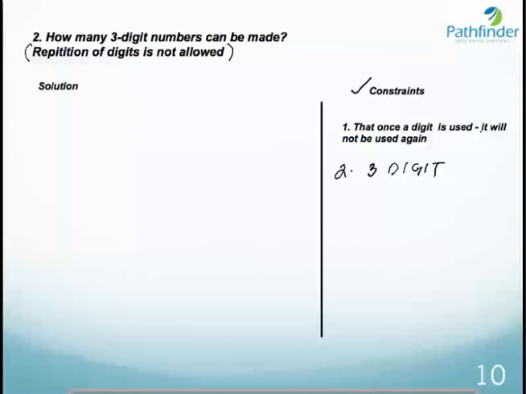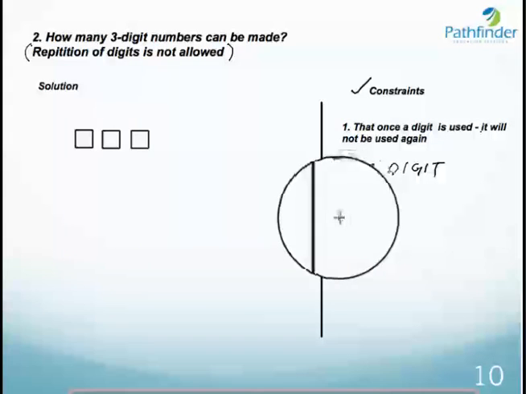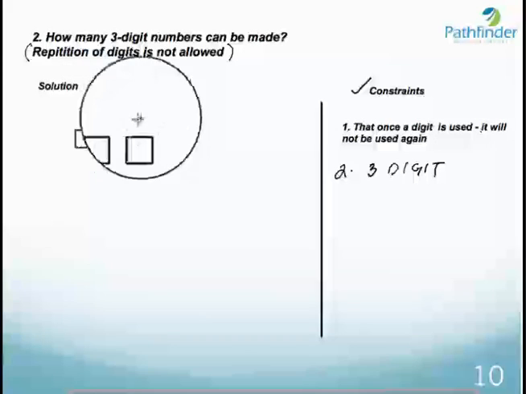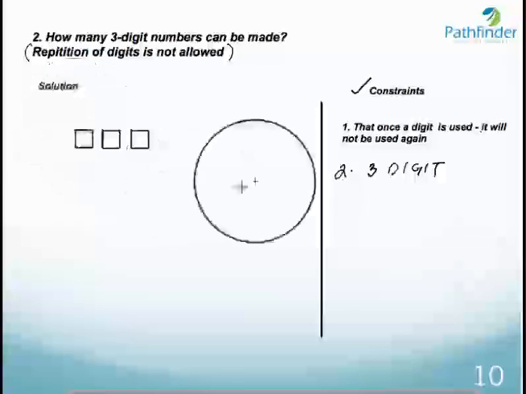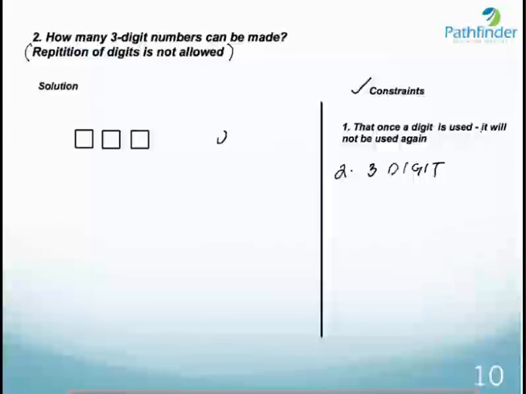So let us once again try to see how to solve this question. Once again we have the question of filling these three positions, units, tens and hundreds, with our digits 0 to 9. So let us fill the hundreds place first. This is your hundreds place.